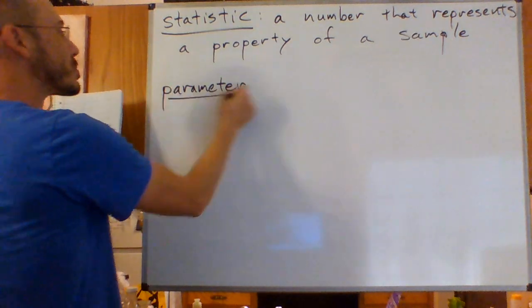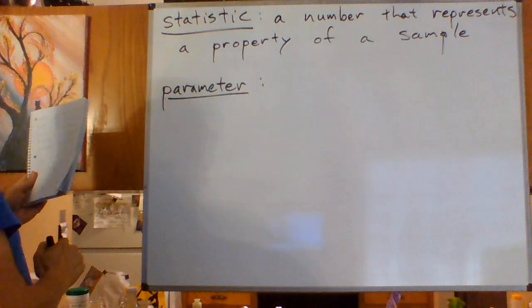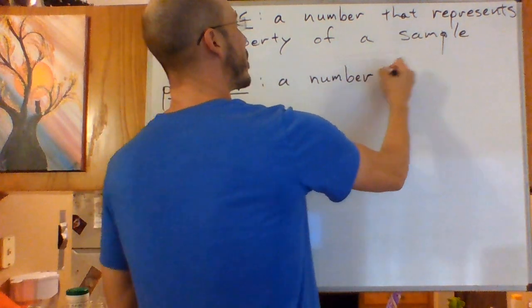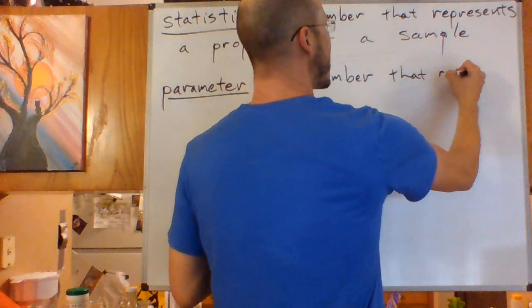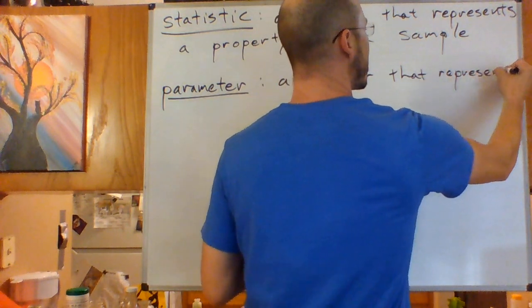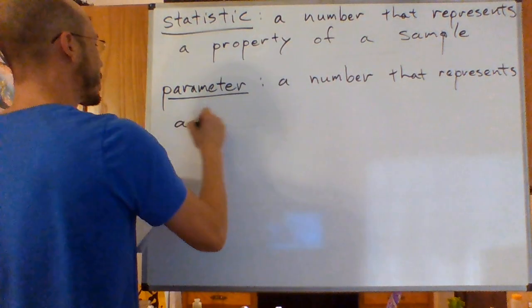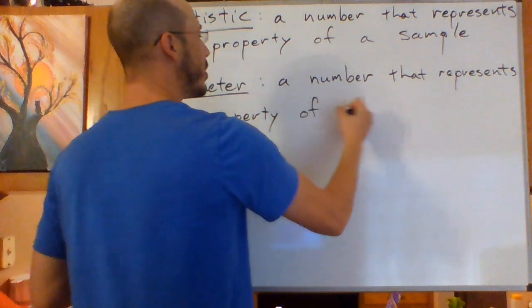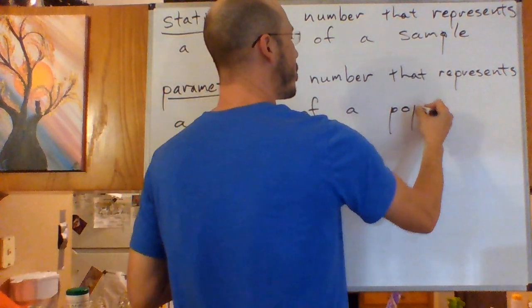The definition that goes with this one, parameter, is a number that represents a property of a population.